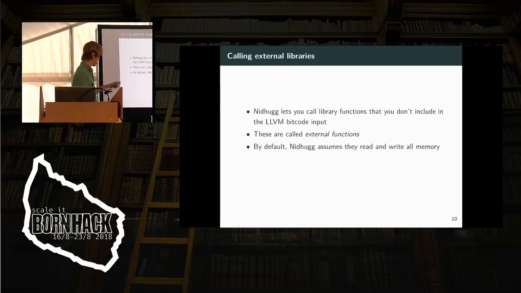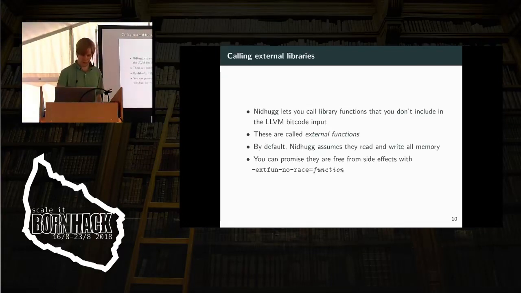So it will reorder this function with every other memory access it can. And if you are using external functions, sometimes this is undesired behavior because it makes Nidhugg run really slow, because there are just so many permutations of these things to try.